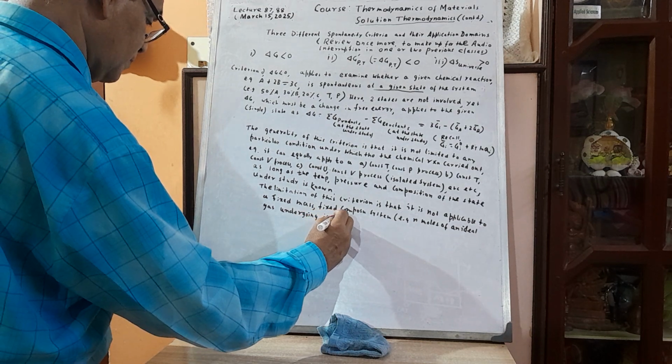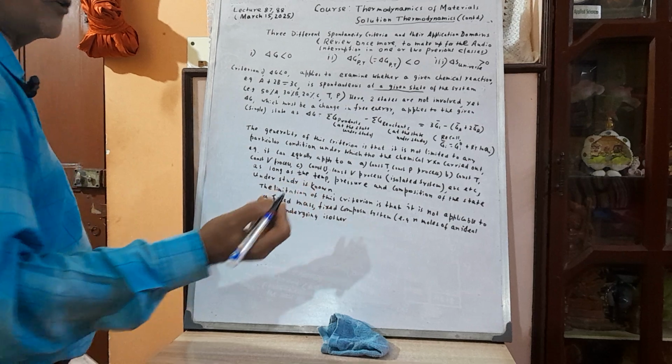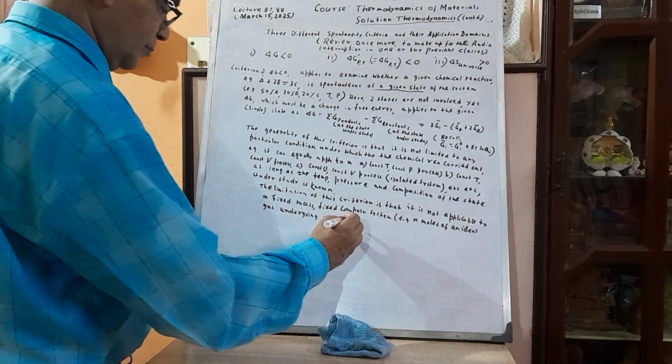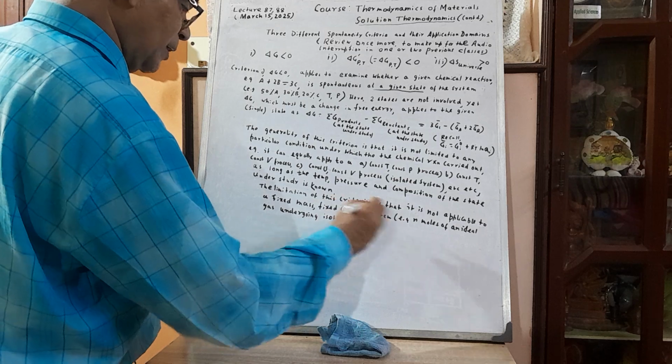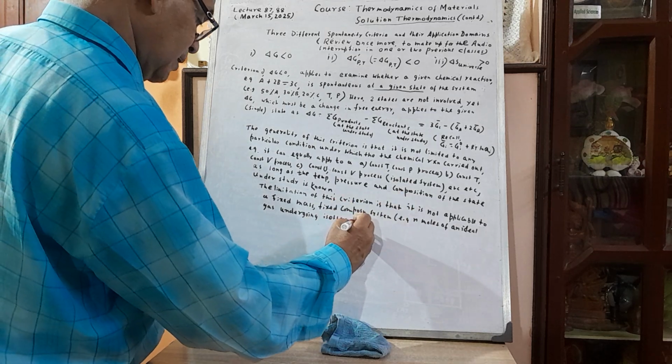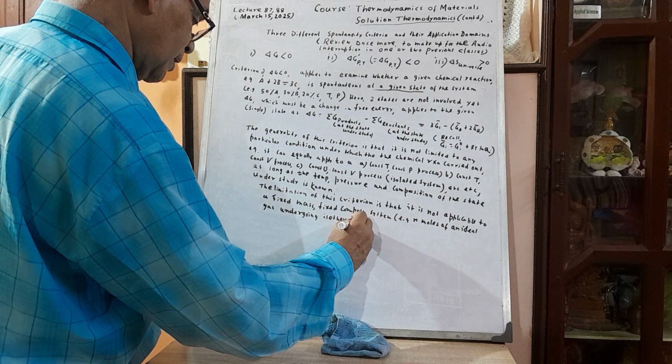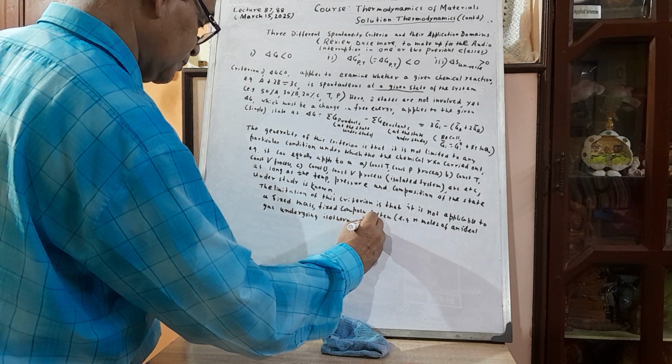Just for example, it can be isothermal compression also, or it may be an adiabatic process also, but with N moles of ideal gas, which is fixed mass, fixed composition, undergoing an isothermal expansion.